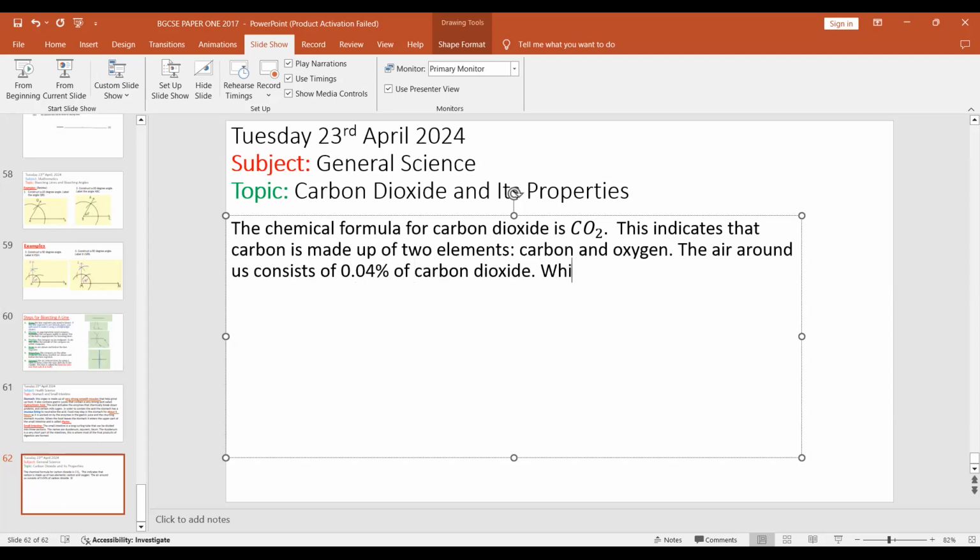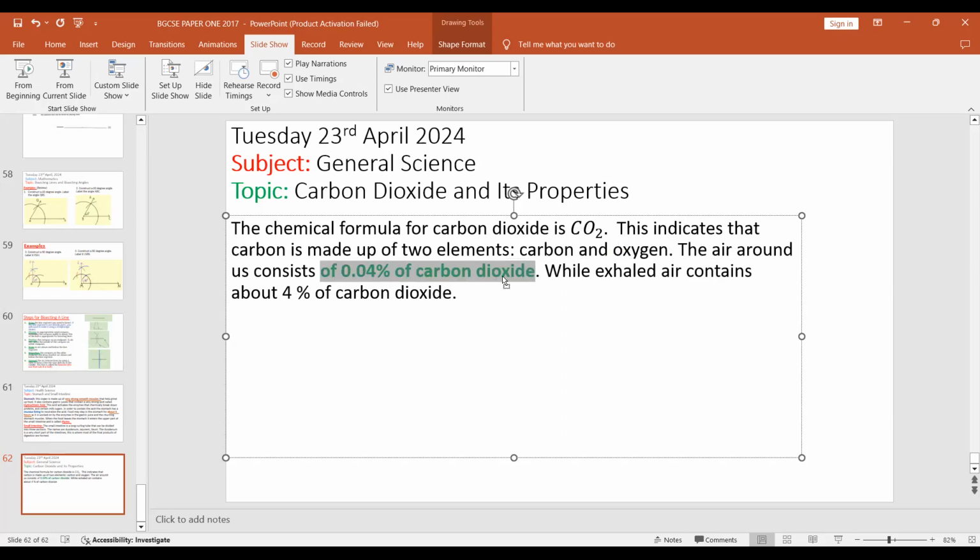While exhaled air contains about 4% of carbon dioxide. Now, let me ask you a question. Why does exhaled air have more carbon dioxide than the air around us?